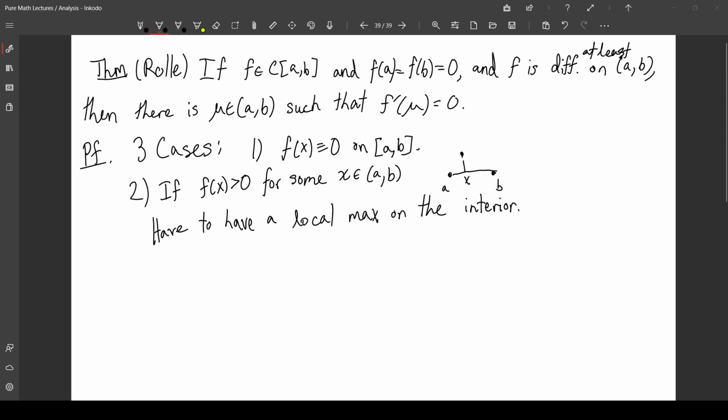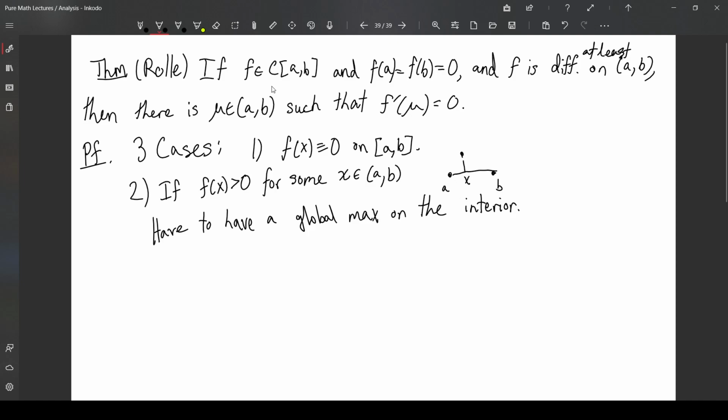Sorry, the argument is slipping. So sorry, it will be a global maximum, right? And it has to be on the interior, right?